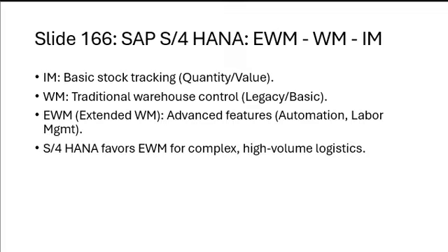The EWM, the extended warehouse management, includes labor management and complex logistics support. So in S/4HANA, we favor the extended warehouse management for high volume complex logistics. The IM, the inventory management, is useful for simple stock tracking requirements.